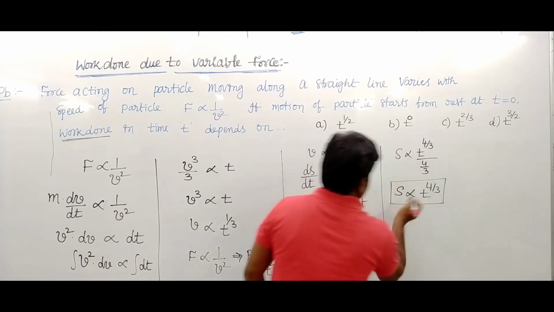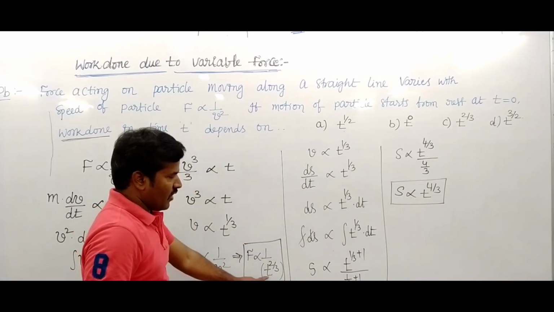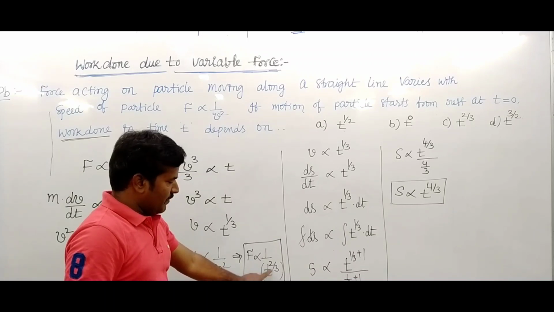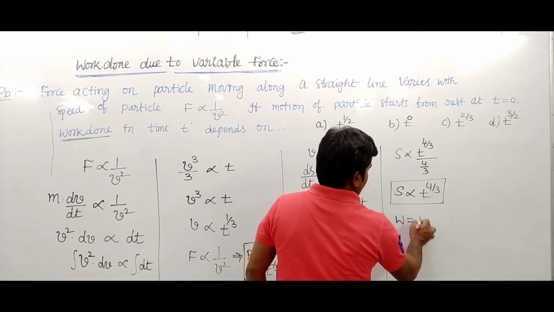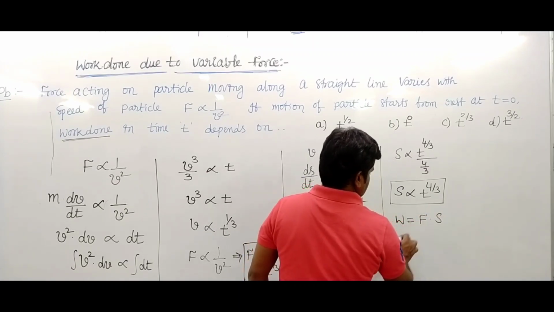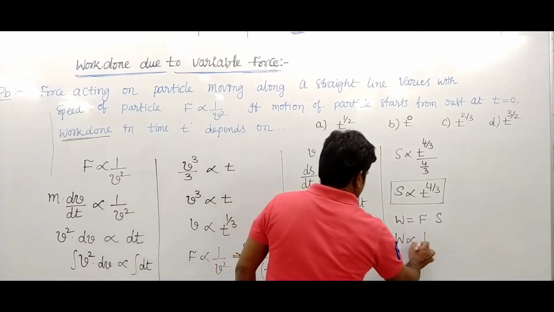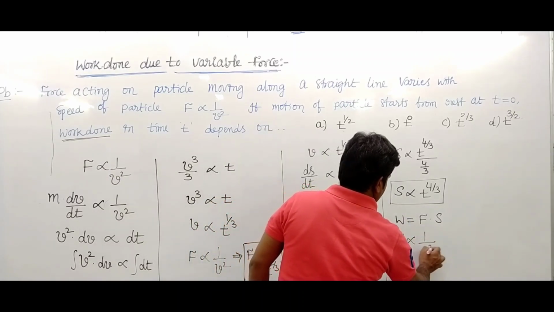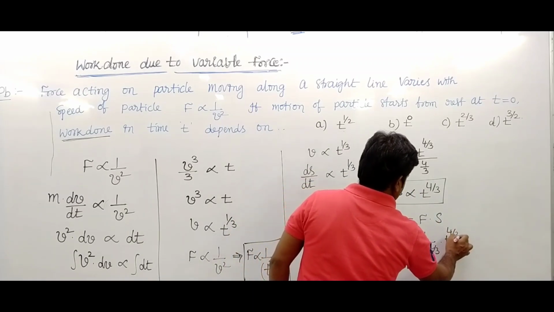So this is S, and this is force: F is proportional to 1 upon t power 2 by 3. We want work done. Work done equals force dot displacement. Then work is proportional to 1 upon t power 2 by 3 times t power 4 by 3.